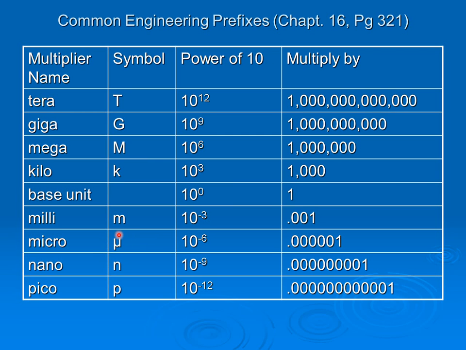This is a Greek symbol, called mu, but this is also used as micro. 10 to the power negative 9 is nano, 10 to the power negative 12 is pico. You might have to come to this slide and use this page a lot of times when you will be answering the quiz questions.